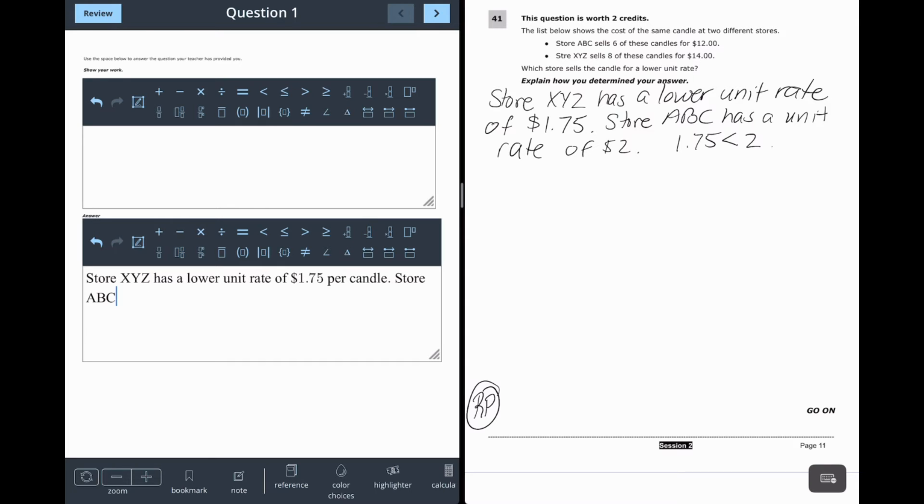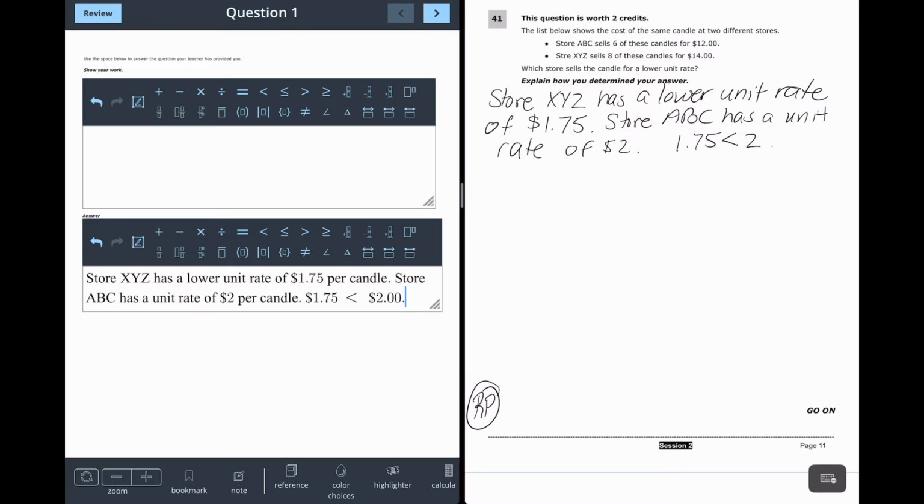Check for autocorrect on your platform, make sure it doesn't do that. Store ABC has a unit rate of $2 per candle. $1.75 is less than $2. And that's it. That's all I would need for that section of just the answer.